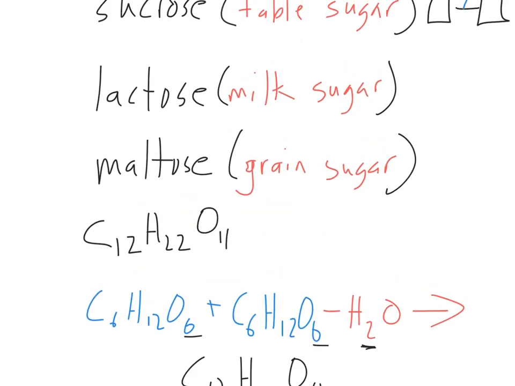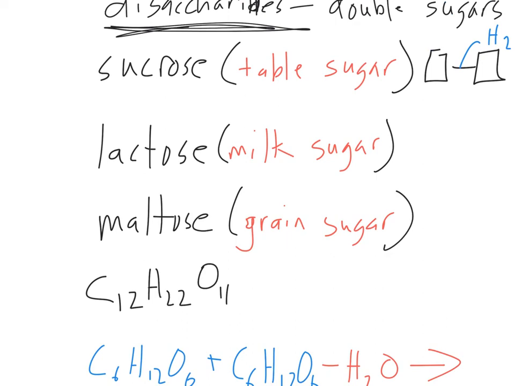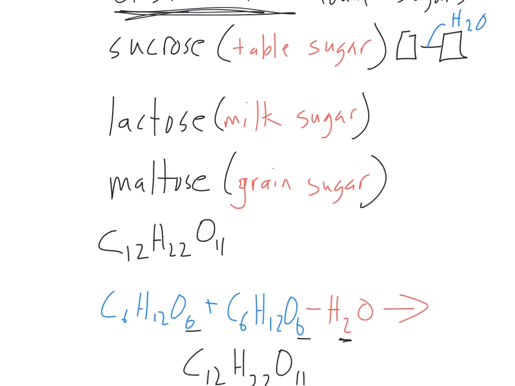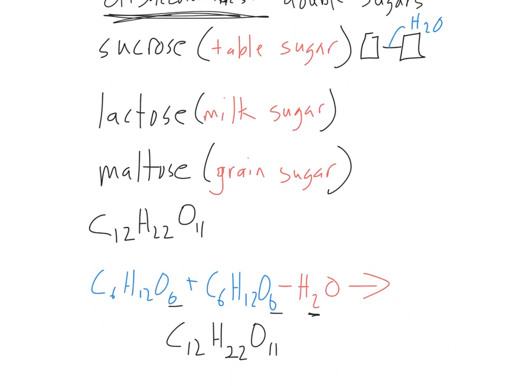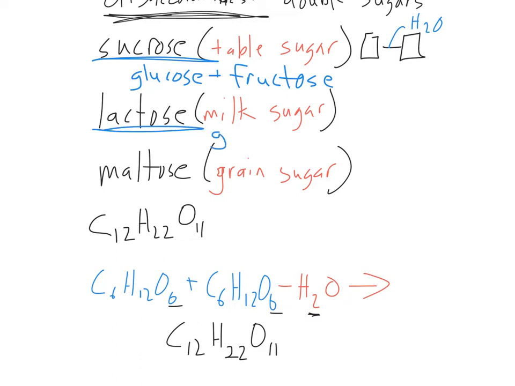All right, so let's talk about what makes these up. So sucrose, what two molecules make up sucrose? Sucrose is a glucose plus fructose. Okay? Lactose is glucose plus galactose.